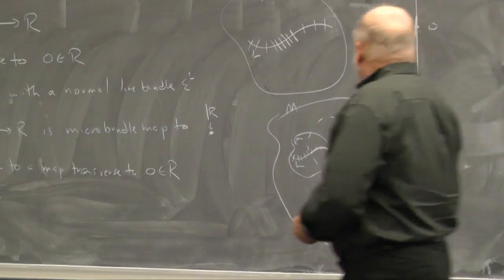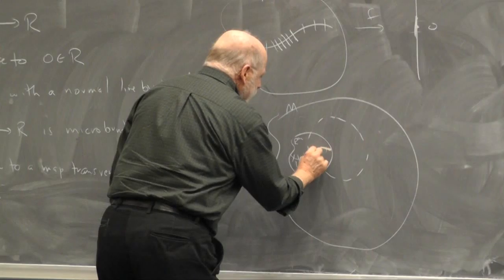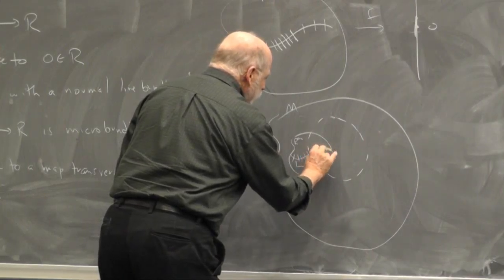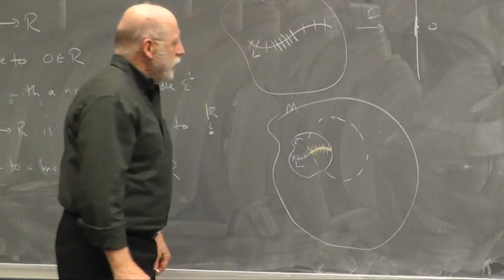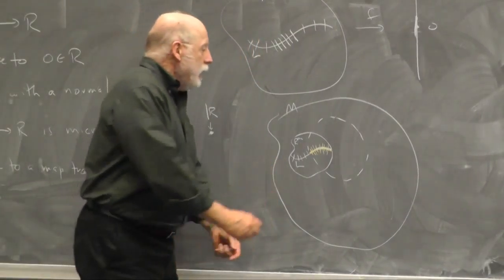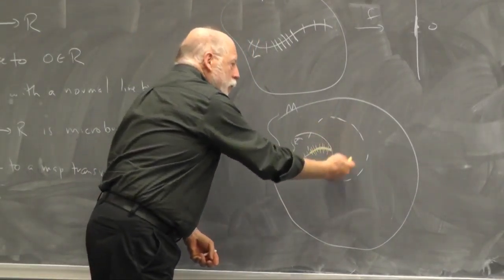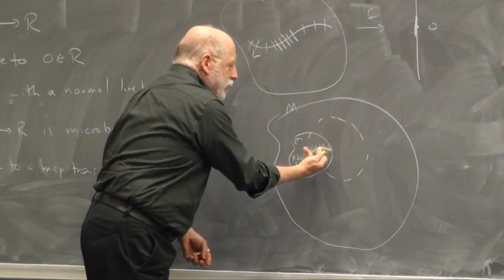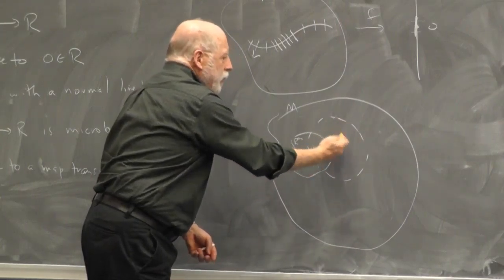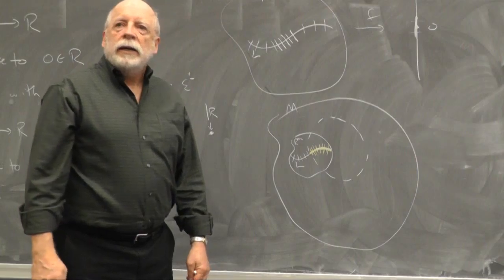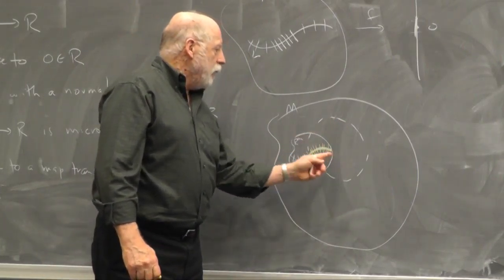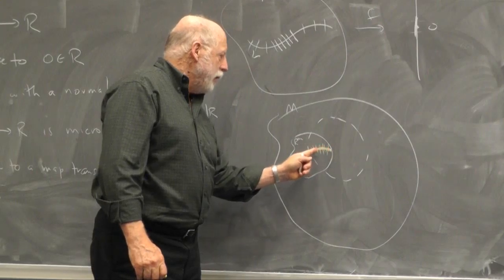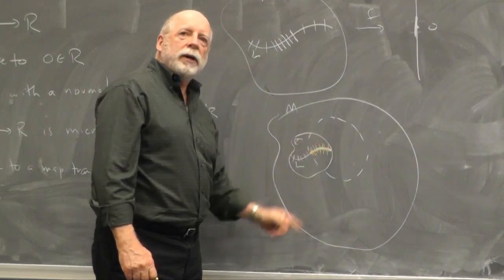So this was smooth in the old chart with a nice normal line bundle. So now wiggle this smooth structure so that this is a smooth submanifold in the new chart. So now you have a smooth structure on the new chart in which this is a smooth submanifold with a nice little normal line bundle.